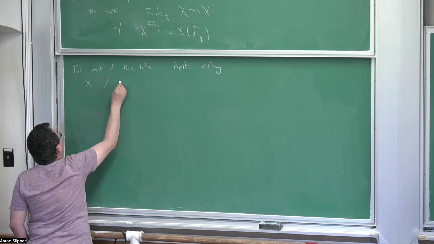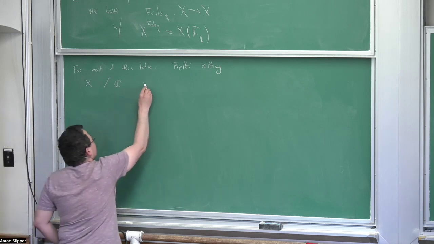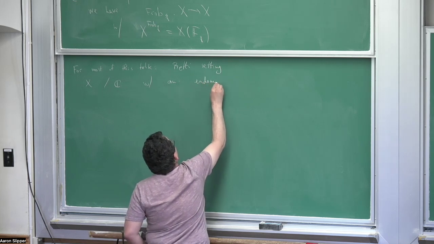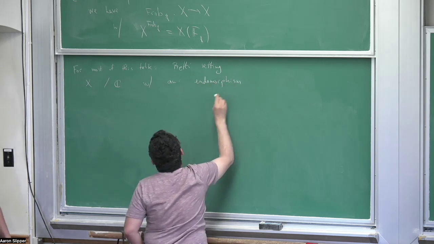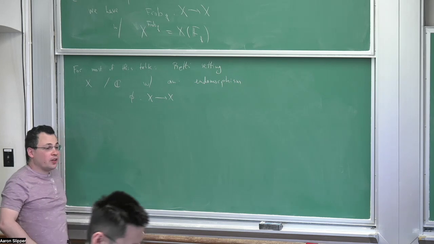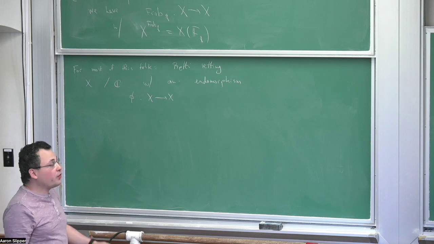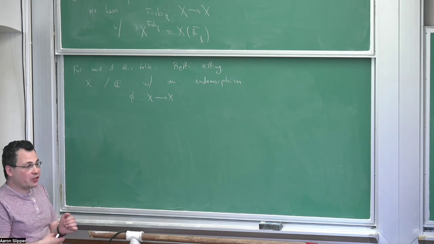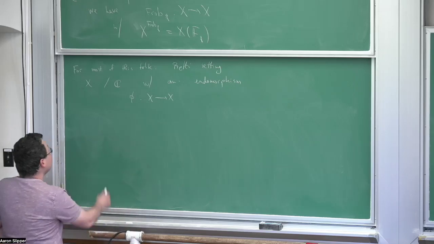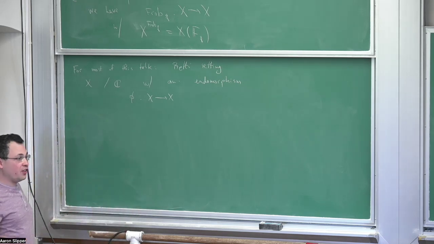So X is over the complex numbers, with an endomorphism. Just take an abstract endomorphism, which we should think of as playing the role of Frobenius. Okay, so that will be our setting. There's no arithmetic, but there's dynamics.